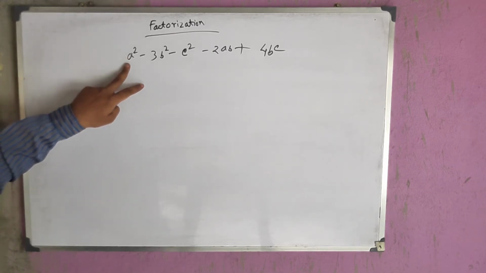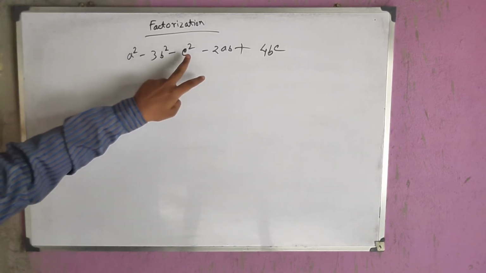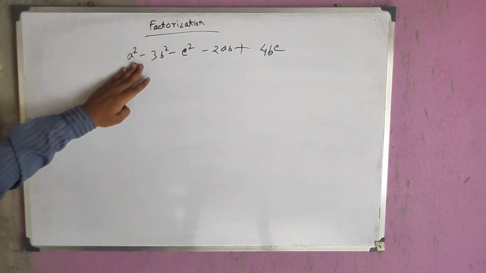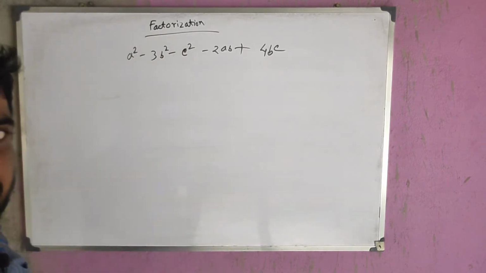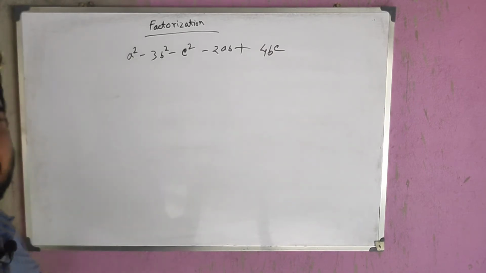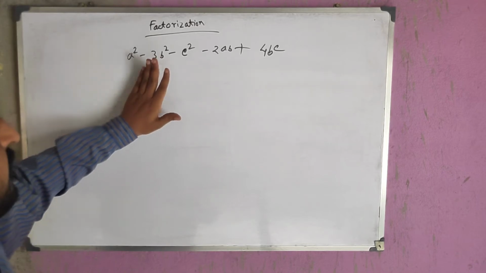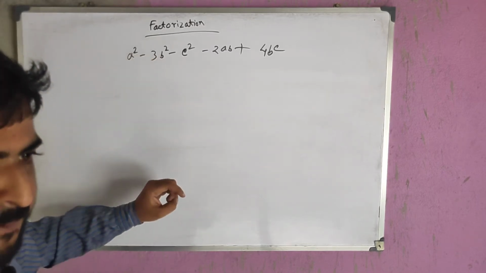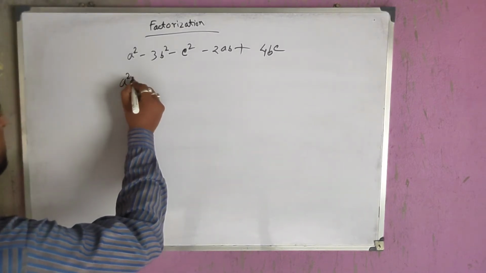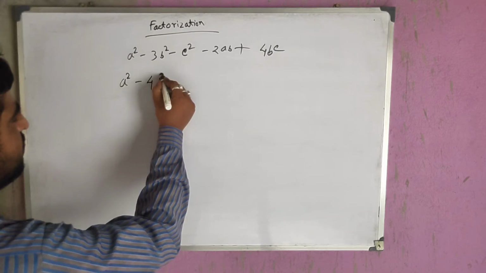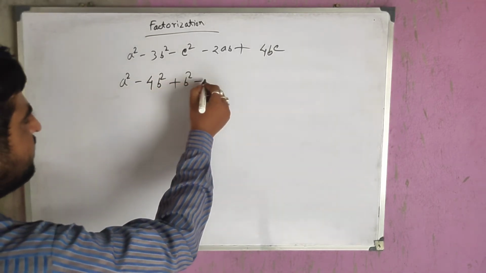This is a square, this is 3b square, this is c square. So a square is the square of a, c square is the square of c, but 3b square is not the square of any natural number. So what we have to think, which natural number which is perfect square is nearest to 3? That is 4. So we can make this one as minus 4b square plus b square.